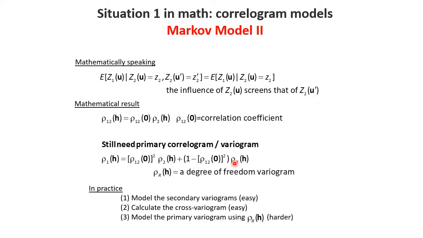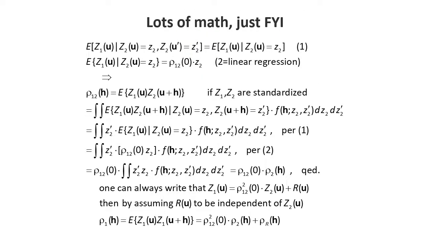This residual term is needed because the secondary variogram, of course, is slowly varying, and so we need a highly varying component to add up to that. So the idea in Markov Model 2, which I'll come back to, is to model the secondary variogram first, then from that calculate the cross-variogram with the correlation coefficient, and then model the primary variogram in a separate way.